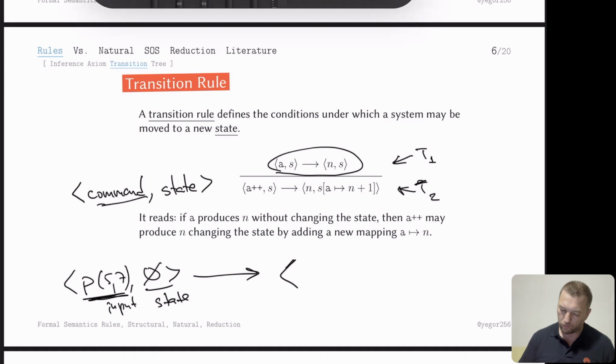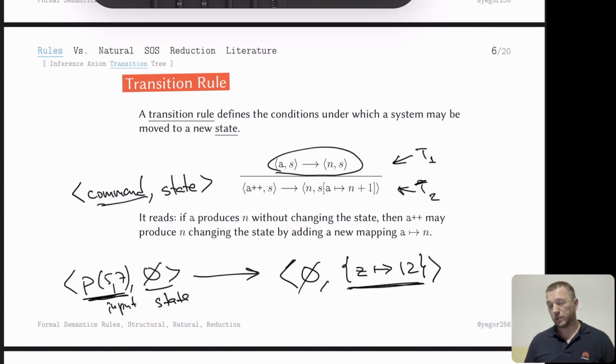Let's say in this situation we have nothing, so the command is gone, so no input anymore. But here we say that in the memory we have a map to 12. So this is my state, which is a map of key value pairs. So I saved the new variable, the new element in the memory.